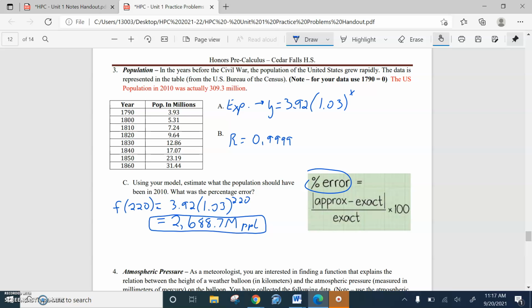The approximate would be the estimation. The estimation was 2,688.7 minus the actual. By the way, it says the population in 2010 was actually 309.3, so that's the exact.